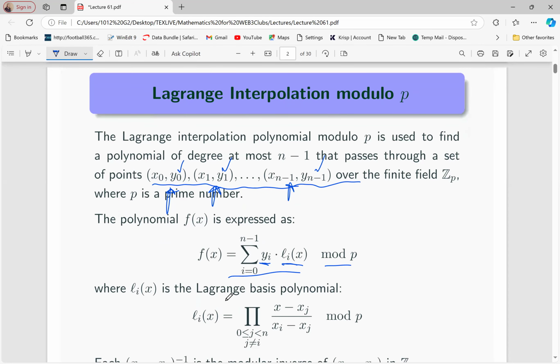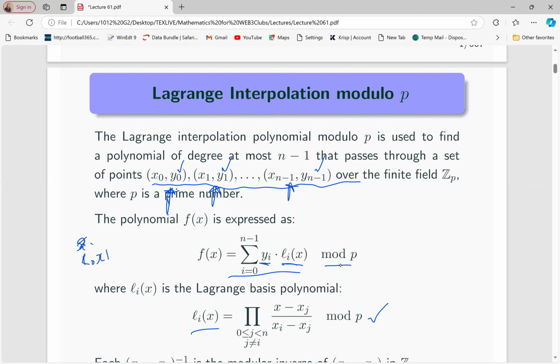And the way we calculate the Lagrange basis polynomial is the same way we did last time. And the formula is here. So if you're doing it with respect to the first coordinate here, at that point you'll be getting L naught of x. And this will be given by x minus x1 multiplied by x minus x2.